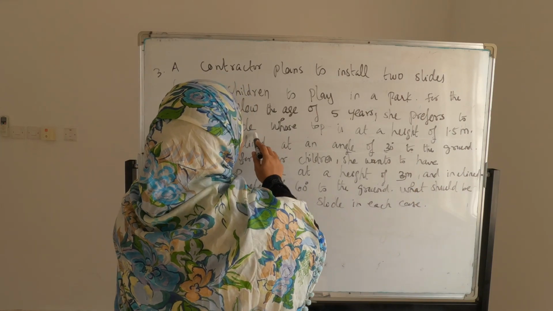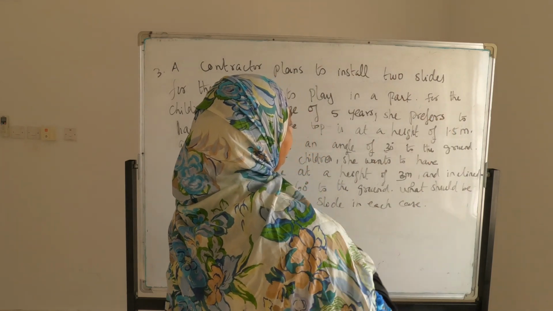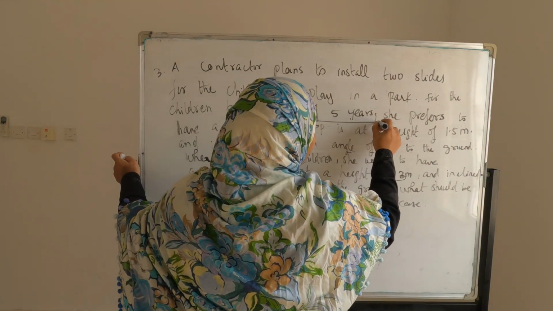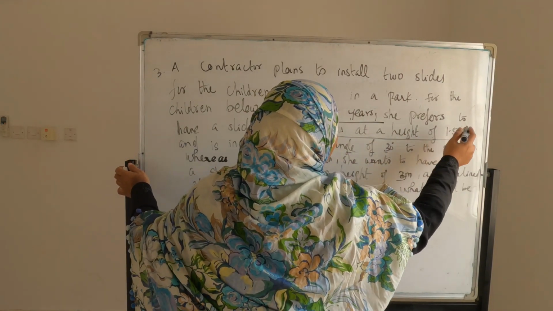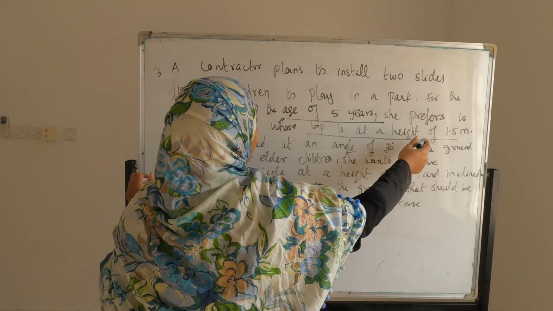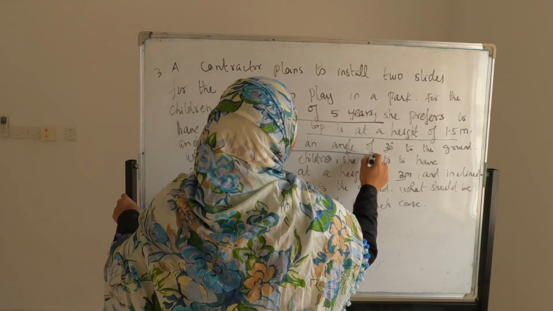She prefers to have a slide whose top is at a height of 1.5 meter, for 5-year-old children. The top will be 1.5 meter from the ground level, and it is inclined at an angle of 30 degree.